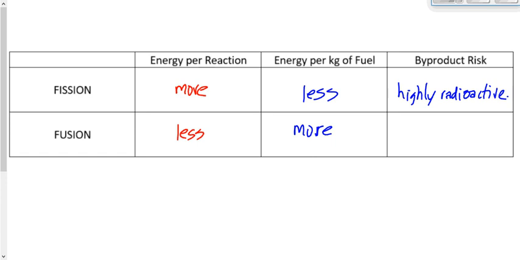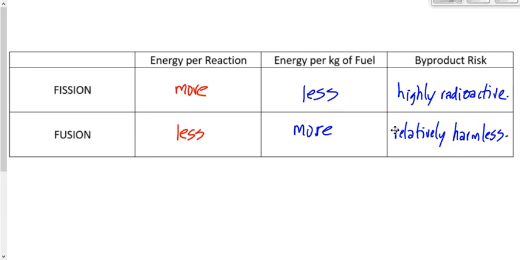Now, here's a little less understood aspect of it. The products of a fusion reaction, even though this explosion would be much greater and a lot more heat generated and a lot more chance of blinding and instant catastrophic injuries or death, the byproducts are actually relatively harmless.